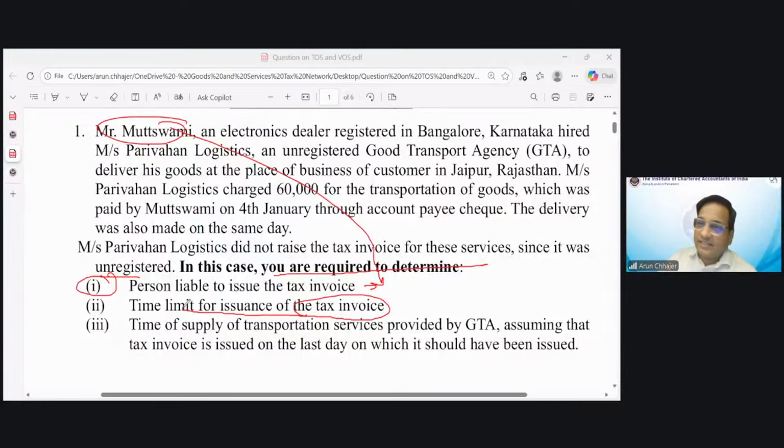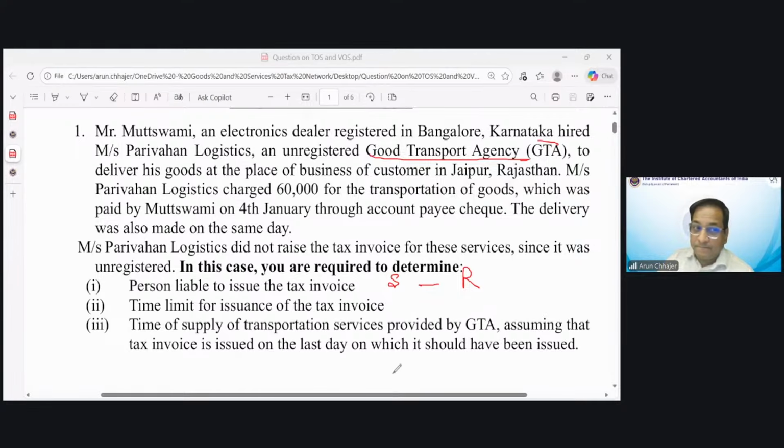Just tell me one thing. In this case, who is a supplier and who is a recipient? For GTA service, for transportation service, who is the supplier, who is the recipient? Correct.